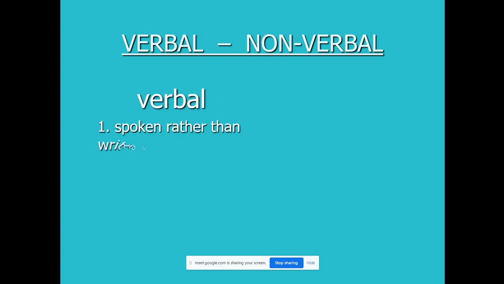Verbal communication is spoken rather than written, relating to words. Ma'am, an example for non-verbal communication? I am coming to that. Before that, you just need to know verbal communication is spoken rather than written.